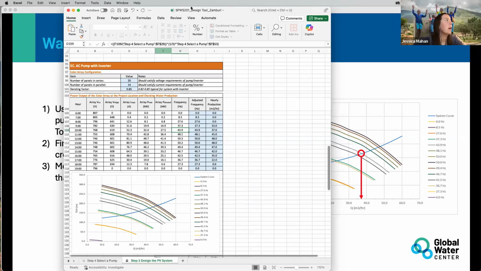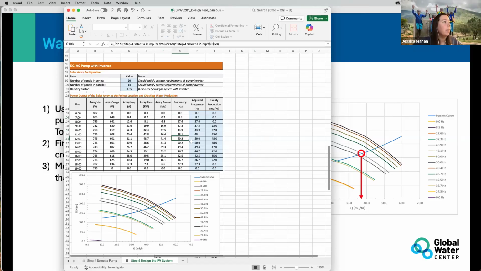It's actually the first affinity curve equation that we use, so we can relate frequency to the power. We can take the power we have at 50 hertz, which we get from the manufacturer, and compare that to our derated power. And so that gives us these frequencies.